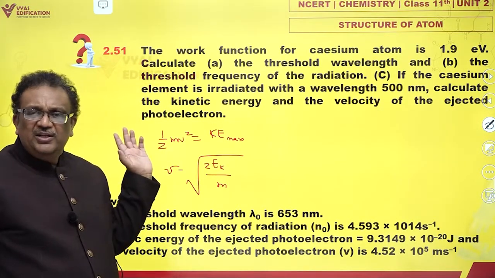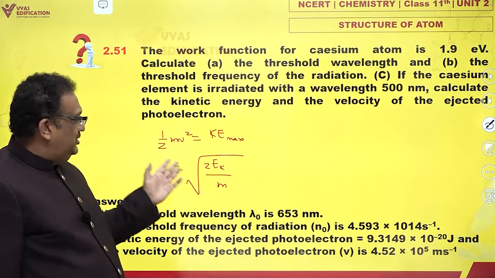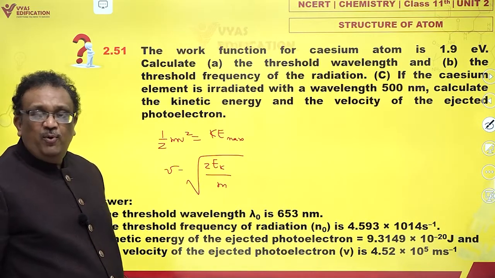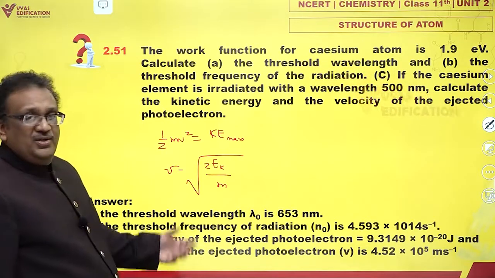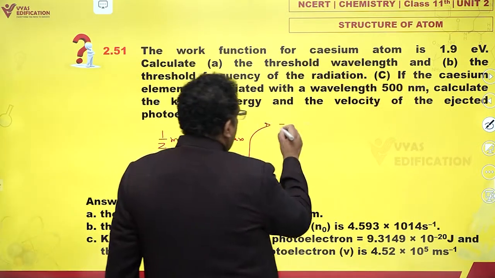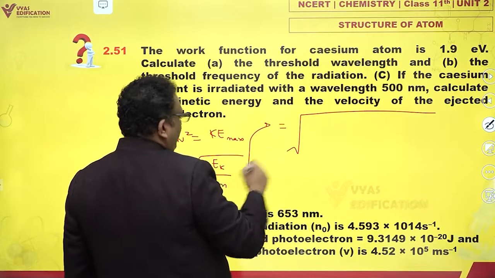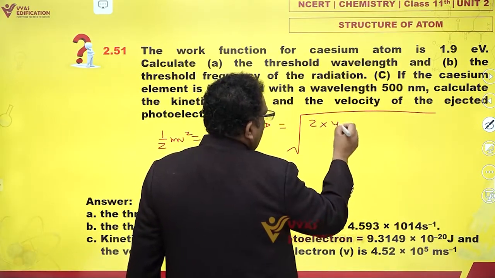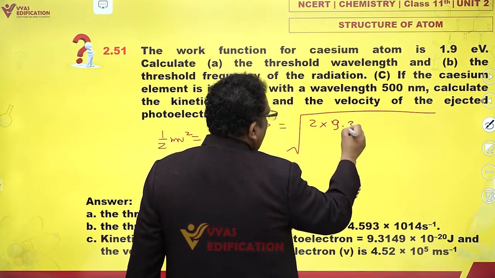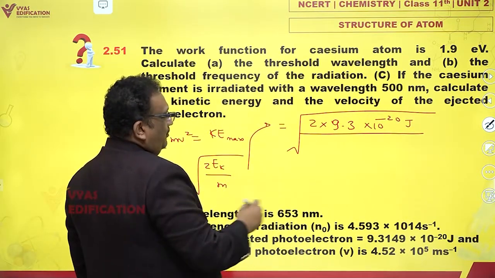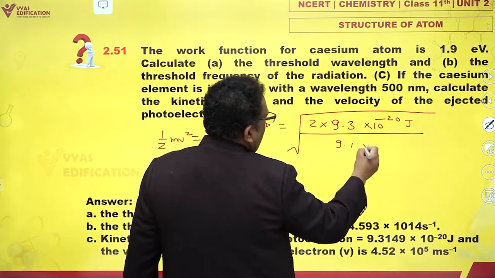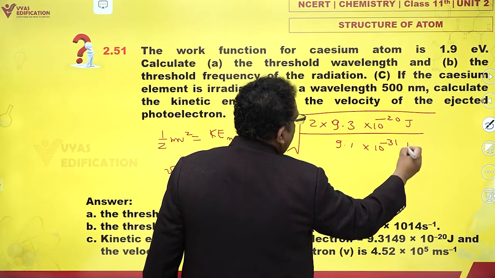We know the kinetic energy, 9.3 into 10 to the minus 20 joules into 2 by mass of electron is 9.1 into 10 to the minus 31 kg. Substitute, calculate and get the answer. Let's do that. Major part is calculation and being able to do this correctly. That was 9.3 into 10 to the minus 20 joules divided by mass, which is 9.1 into 10 to the minus 31 kilograms.